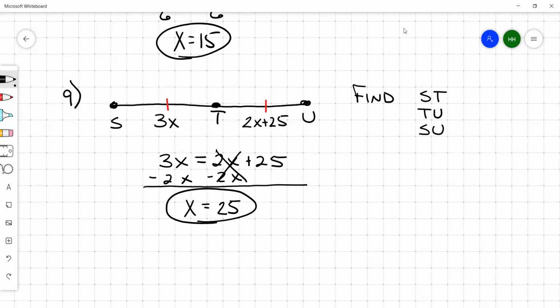If your X is equal to 25, then isn't ST equal to 3 times 25? And I think that's 75. T to U is the same, isn't it? 2 times 25 is 50 plus 25, that's 75. So S to U is 150.